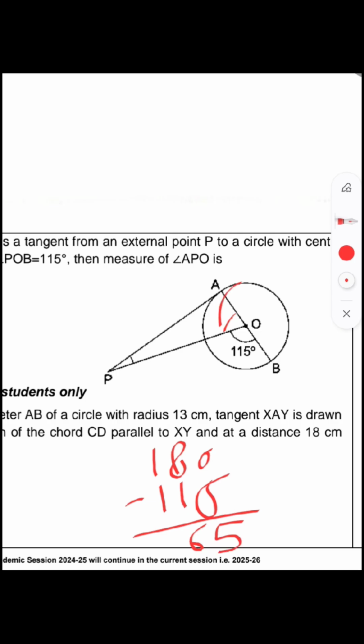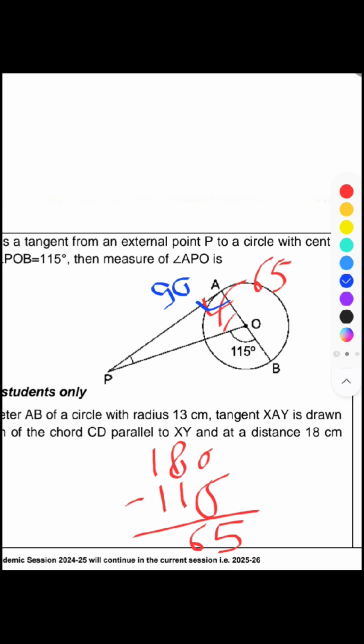So this angle is your 65 degree, and you know here angle A is how much? Angle A is your 90 degree because radius and the tangent make 90 degree. So here are two angles you have found, 90 and 65. So this angle how much?